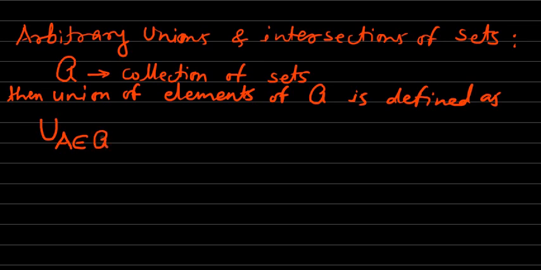Union over A belongs to script A. Union of A where A belongs to script A. Script A is the collection of sets, and it is the set of all the elements X such that X belongs to A. And what is the condition for X?